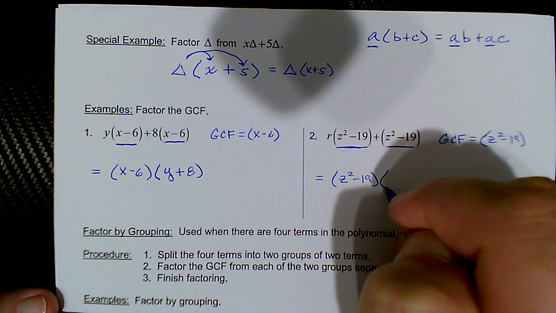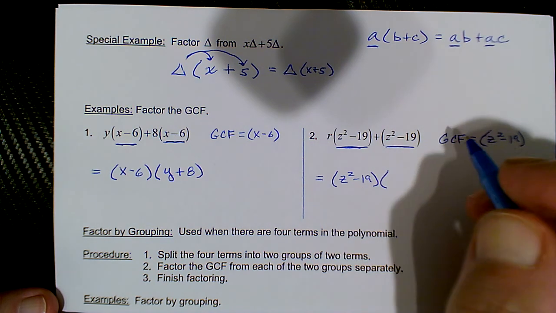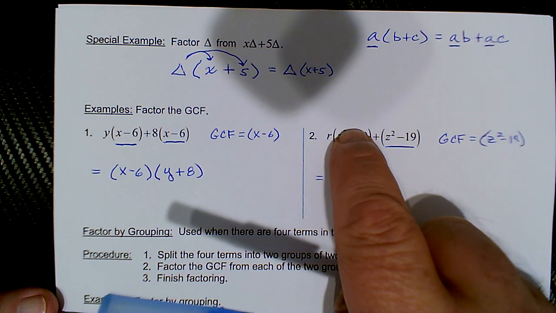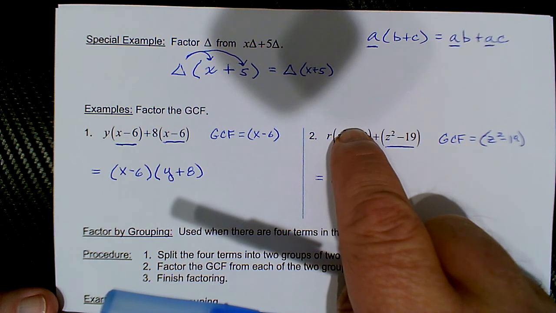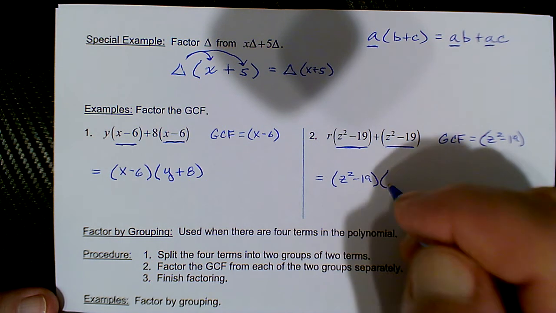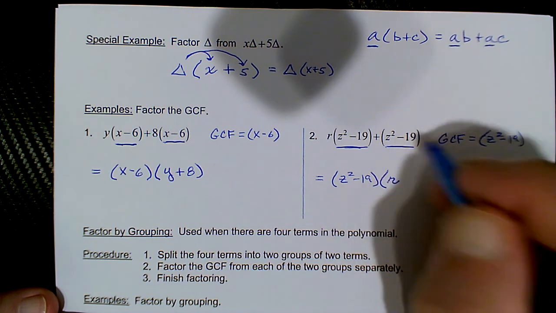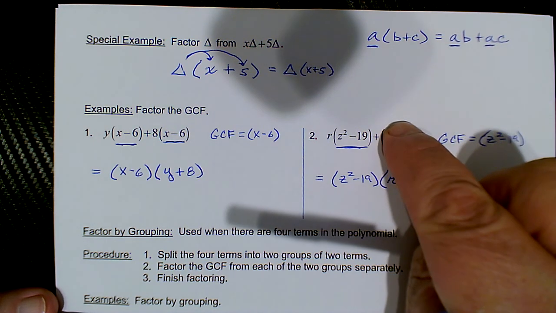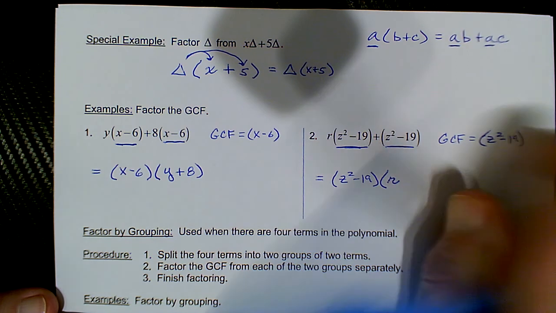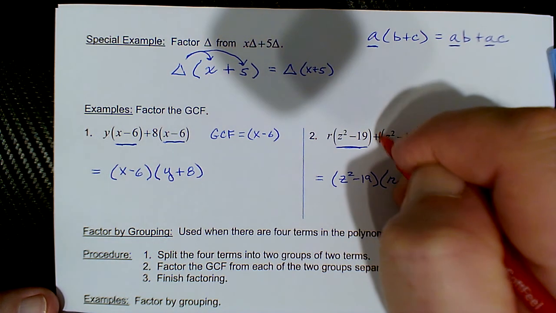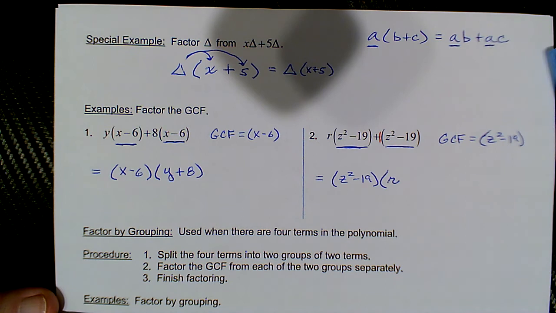And then upon factorization, to get the first term, you could just cover up the z squared minus 19, and we need an r. And then to get the second term, you could cover it up, and there's just a plus there. But as we know, the coefficient is 1. So therefore we need plus 1.